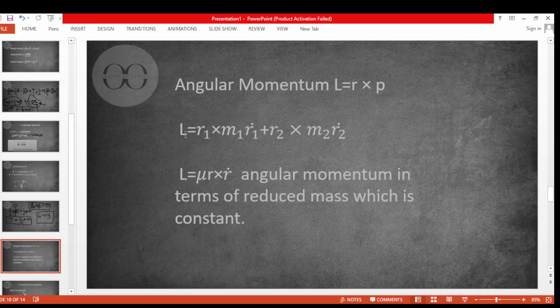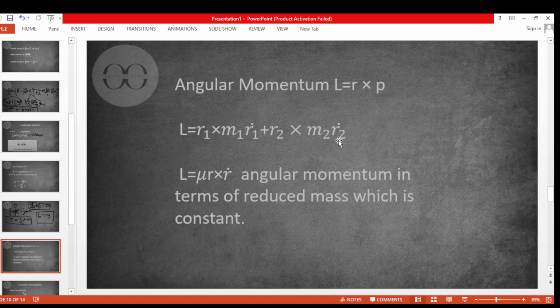So our angular momentum is r vector cross p vector, which is r1 cross m1 times r1 dot plus r2 cross m2 times r2 dot.